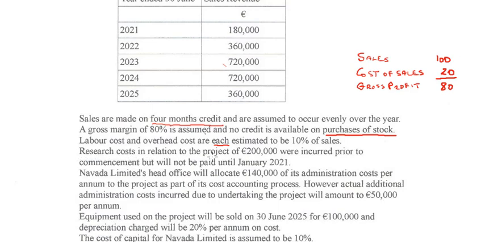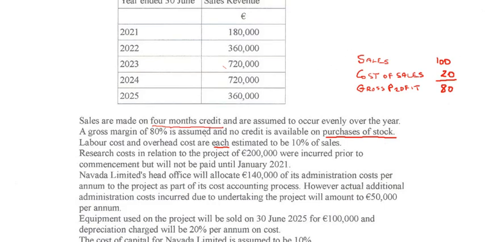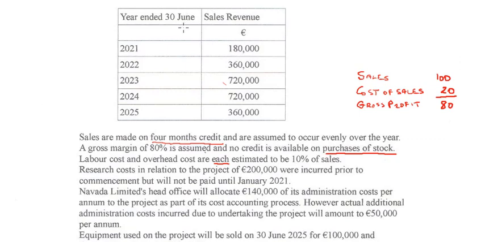The next thing we have is some research costs in relation to the project. There were 200,000, and these were incurred prior to the commencement of the project. Now remember, when is our project commencing? Well, if the first year of our project ends on the 30th of June, the first day of our project will be the 1st of July.